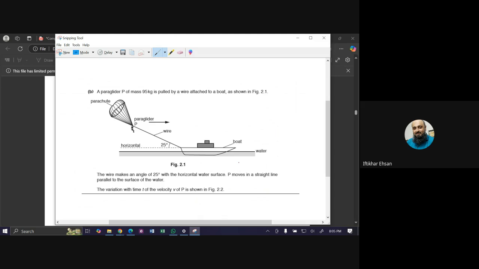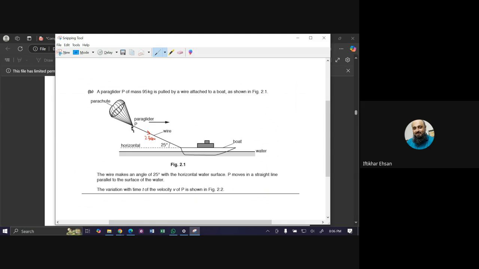Okay, so we have tension. Tension is always away from the object. The tension of the wire is keeping the man; the force is applied in this direction. So this is the direction of tension, right?